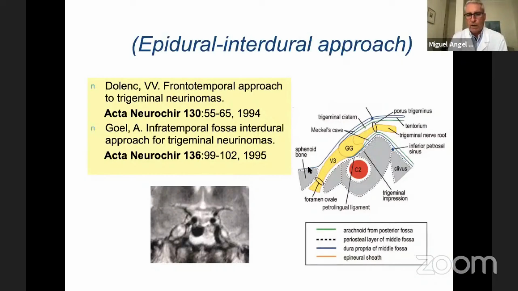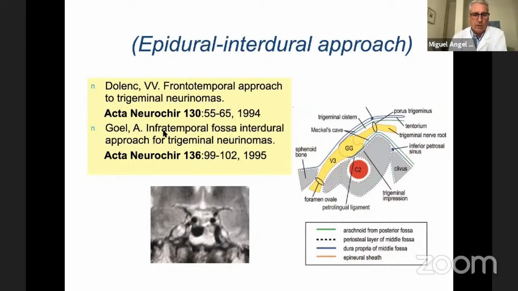So what we have to do is just some extradural approach, lifting the dura and showing the trigeminal nerve. But important, first of all, we will find many different interpretations and many different publications: epidural, interdural, frontotemporal approach.